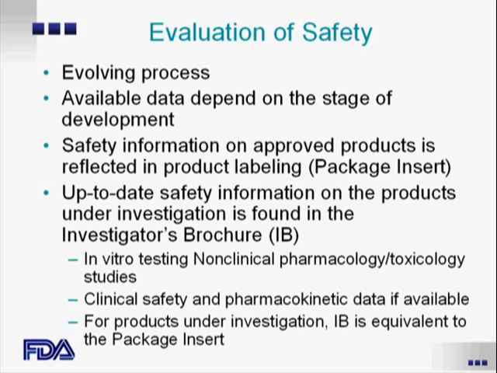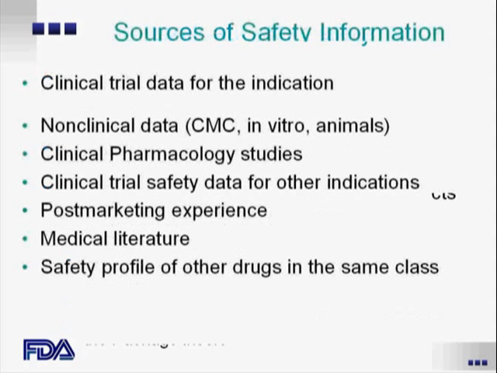Safety data from randomized controlled clinical trials will be available. The most pertinent data for you when you're conducting a study would be the data from clinical trials for similar indications. The baseline characteristics of the patients are going to be very similar to the patients you're going to be looking at to enroll.